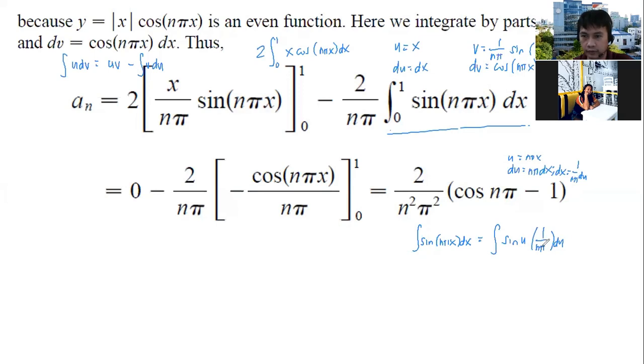So we can factor out 1 over n pi, and it's just sine u du. What is the integral of sine?